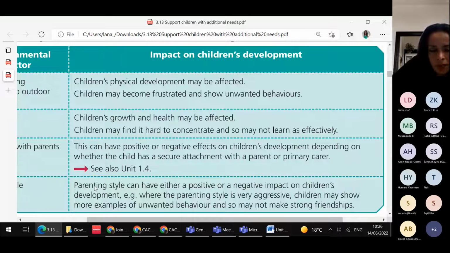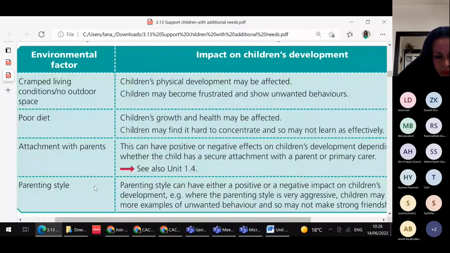If they don't have a good diet, because their parents do not have time to organize it, or maybe they are too poor to do so, then the children might find it hard to concentrate. They find it hard to grow and to function very well. They wouldn't have the energy to run and do physical activities. So definitely their learning will be affected.